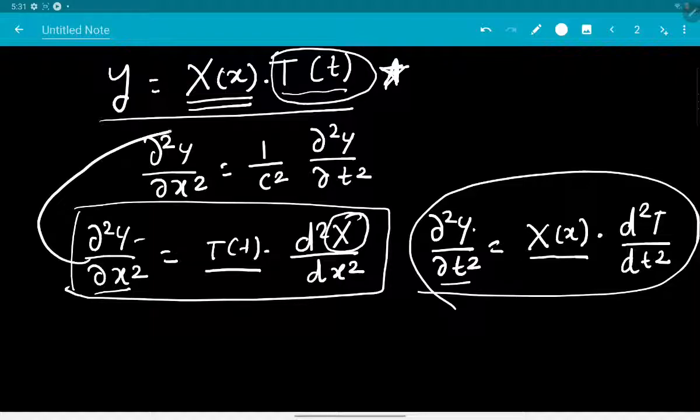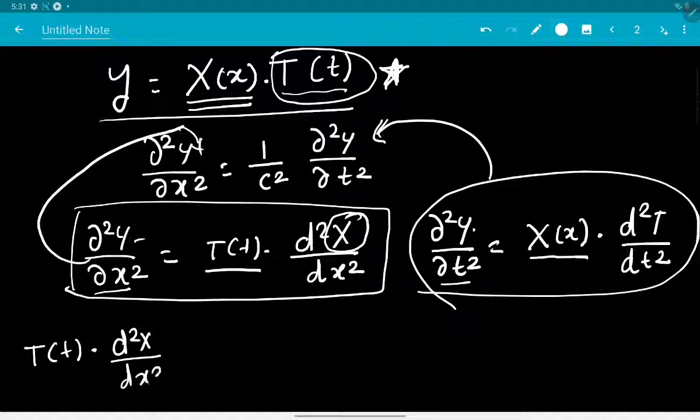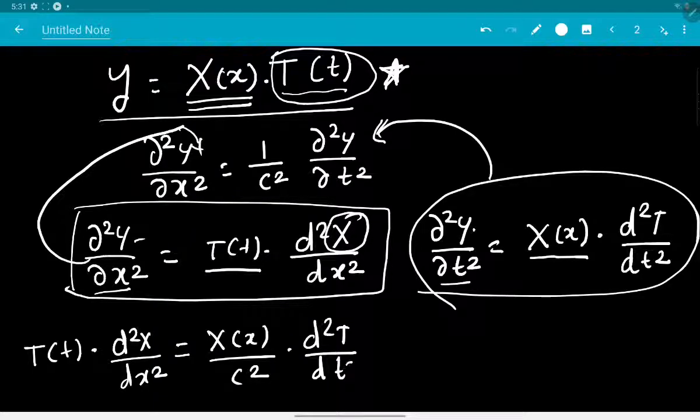Okay, now I am going to put these values in this equation, and if I do so, then what I get is something like this. So we get T of t times d square X by d x square is equal to X of x divided by c square into d square T by dt square. Now I'll be slightly changing the positions of variables.